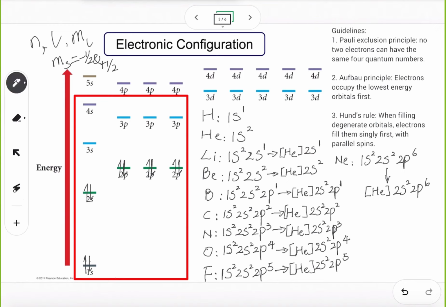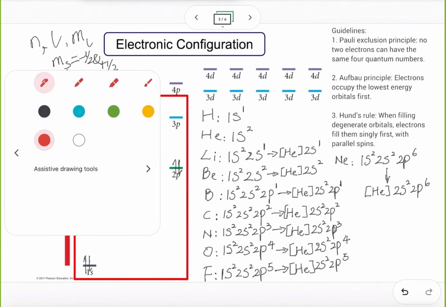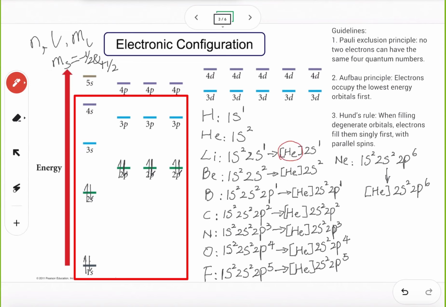Let me write it here, using a red color so it's easier. So for this, it's the core electrons, and for this 1 electron, this is the valence electron.